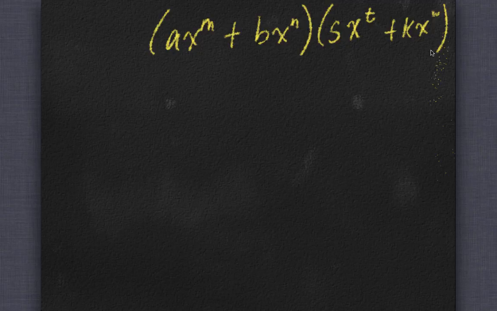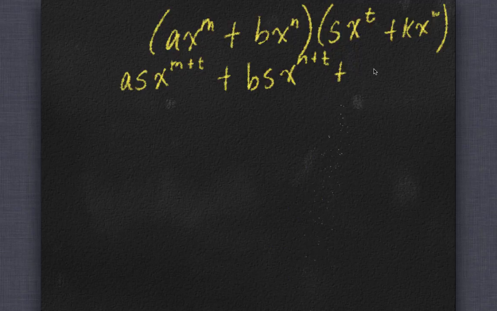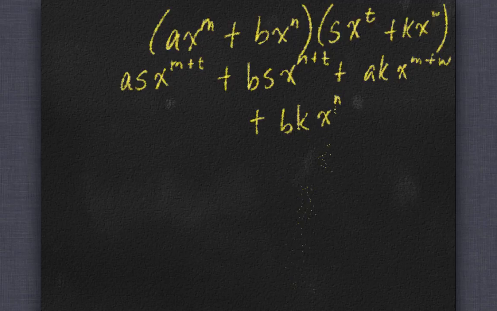Okay, well, kind of using up all my letters here. So if I first just FOIL this, then I will get as x to the m plus t plus bs x to the n plus t plus ak x to the m plus w plus bk x to the n plus w.